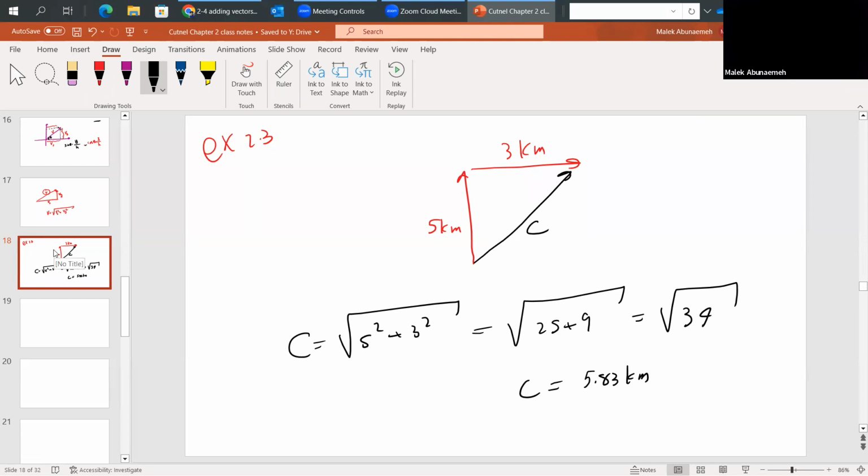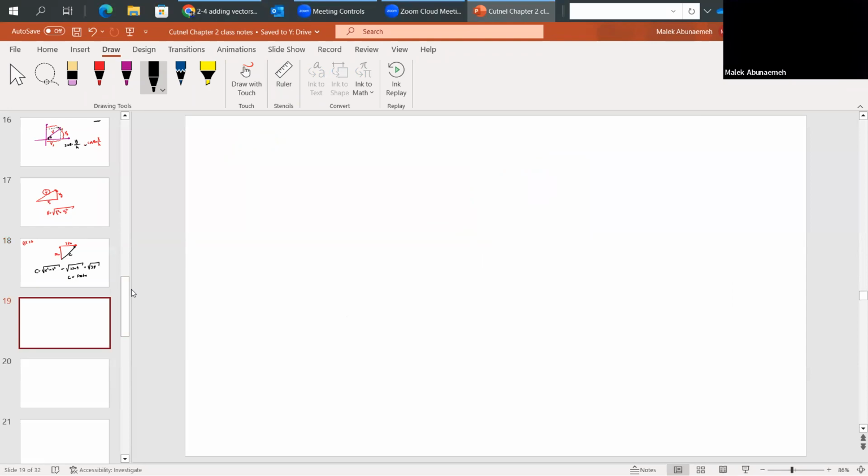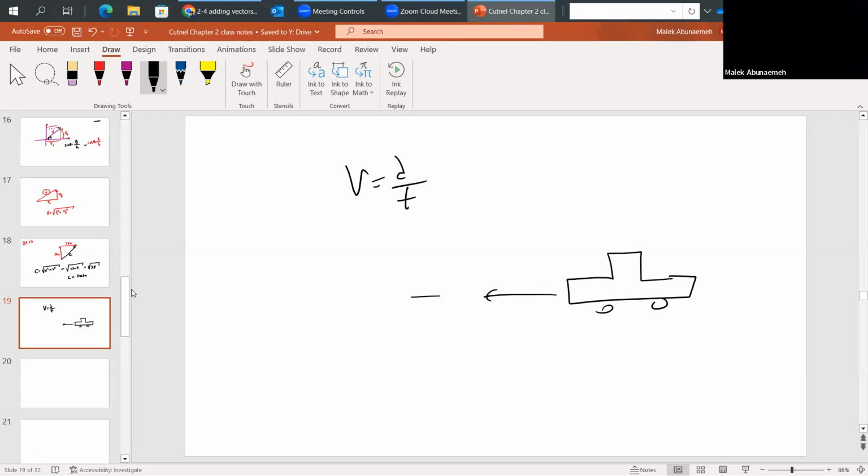Awesome. Now, we talked about velocity, distance, and time. So if you are in your car and you're at speed 1, and you became at speed 2, how did you get there?